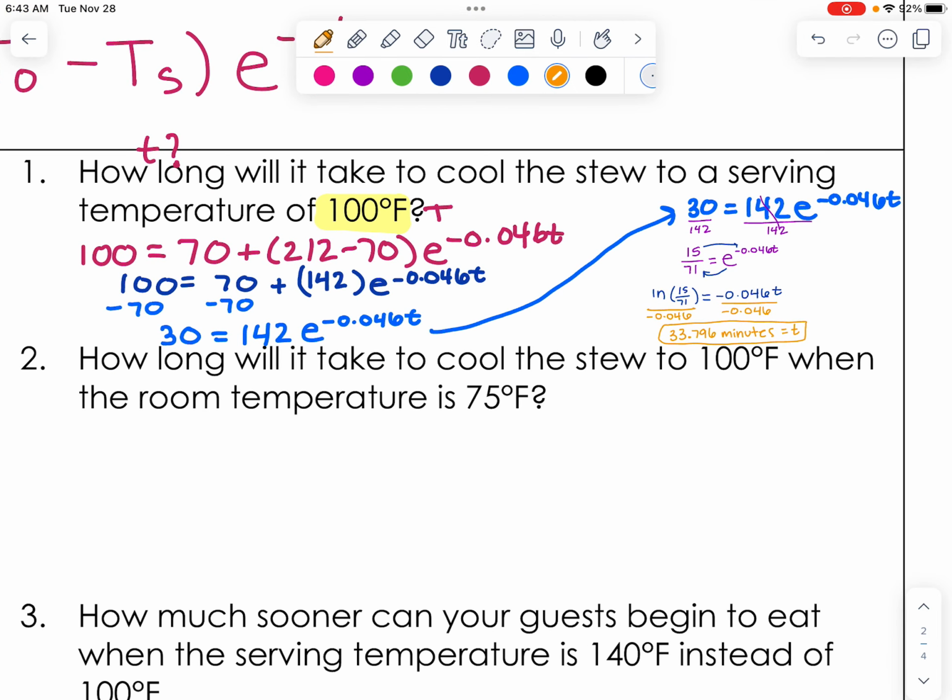All right. In this next question, how long will it take to cool the stew to 100 degrees when the room temp is 75? So now in this problem, we are changing the surrounding temperature. This is updating TS to be 75 when it was 70. We're still cooling to a temperature of 100, so that's T. So we get 100 equals now 75 plus 212 minus 75 times e to the negative 0.046t.